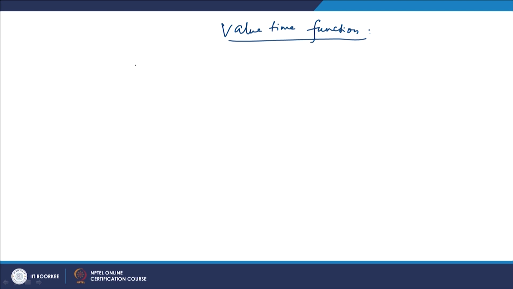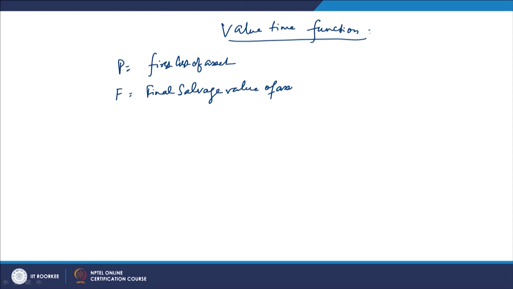If P is the first cost of the asset, and F is the final salvage value of the asset, then the total depreciation will be P minus F.